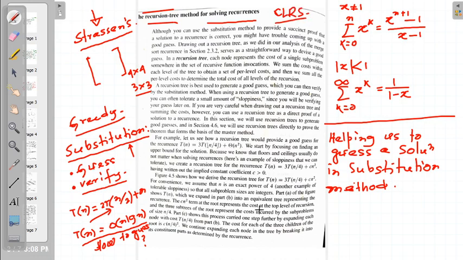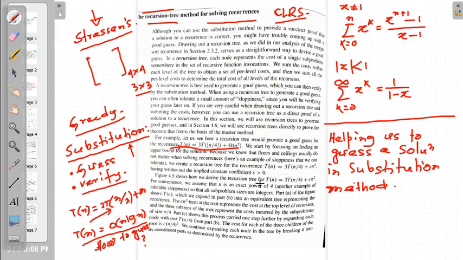Say we have a recurrence like this, T(n) equal to 3T(n/4) plus theta n square. If I have a recurrence like this to be solved, then first of all, we have to omit this annoying floor or ceiling, whatever we are having. That will not affect the recurrence too much.